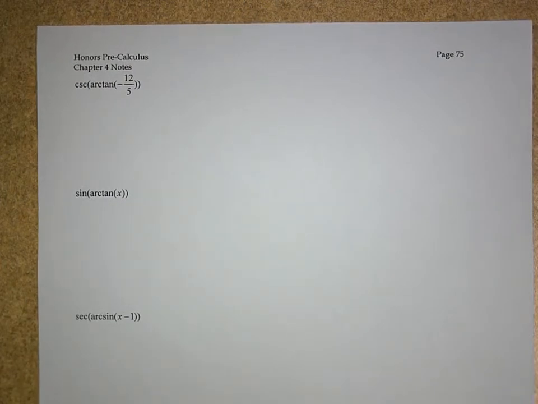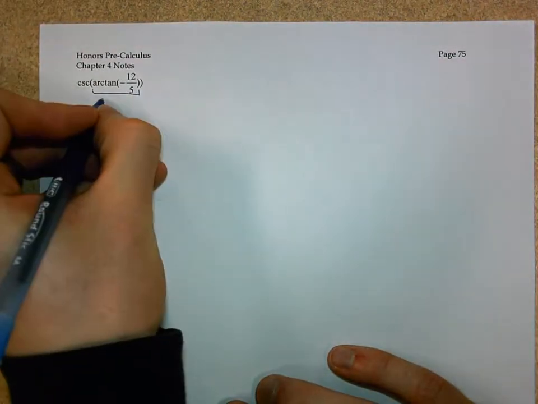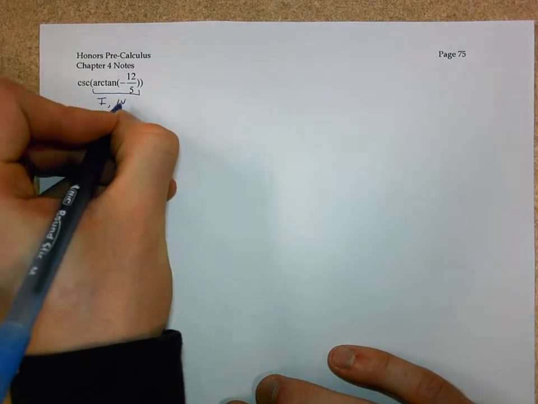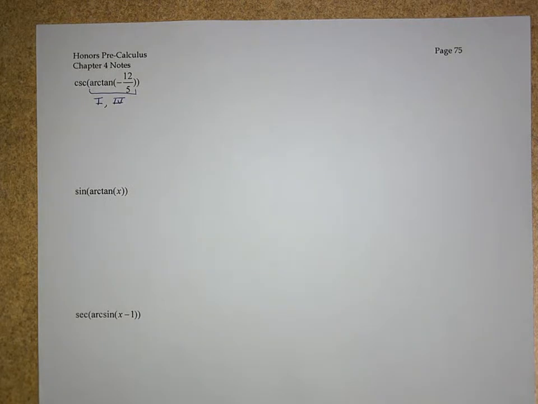Question number 2 here, the cosecant of the arctangent of -12/5. Well, if we start with our innermost function, we're dealing with arctangent, which is in quadrants 1 and 4. And arctangent is negative in the 4th quadrant, because tangent is positive in the 1st, negative in the 4th. Arctangent has the same relationship.